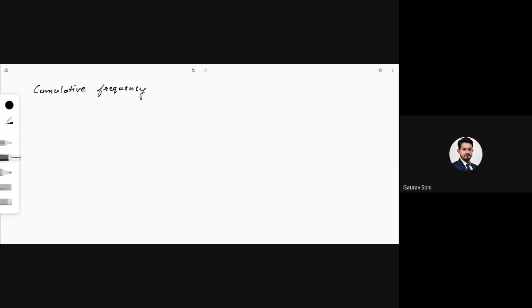So what do we mean by cumulative frequency? Cumulative frequency is used when we need to find the frequency larger than some number, or less than some number. There are two types of cumulative frequency, as you may have heard: less than type cumulative frequency.